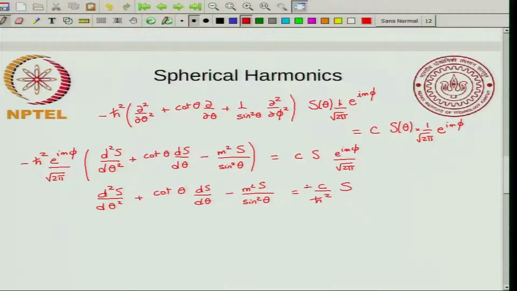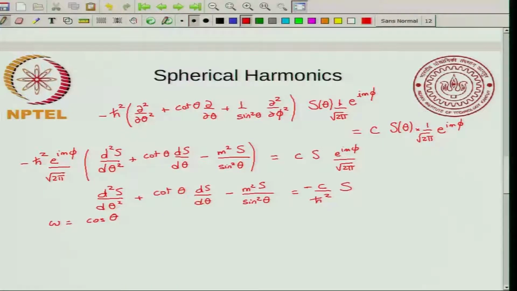And what we will do is we will make a change of variables. We'll change the variable because we see the sine square theta appearing here and a cotangent theta appearing here. We want an algebraic equation without all these sines and cosines. So we change the variable, you put w equal to cosine theta.